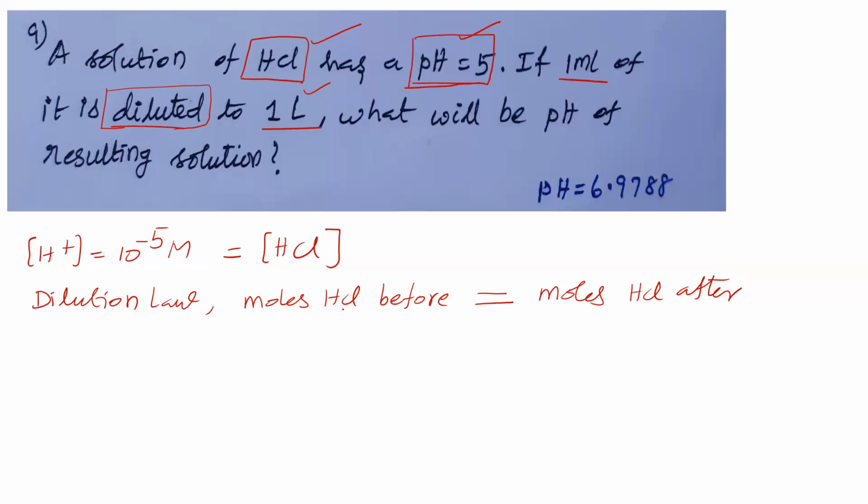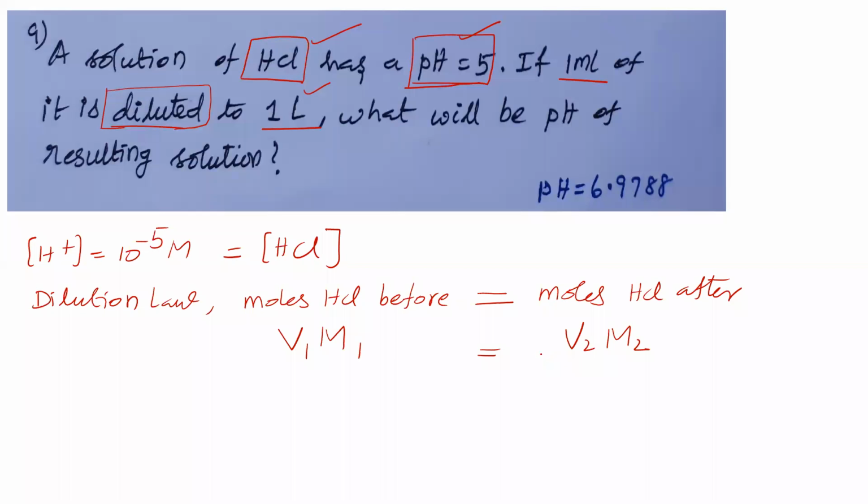Number of moles is equal to volume into molarity. If you multiply the volume of solution and the molarity of solution, you will get the number of moles, provided the volume is in liters. So the dilution law is V1 M1 is equal to V2 M2.